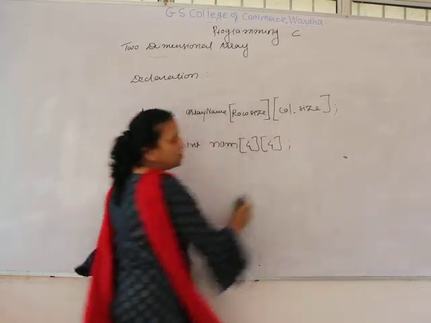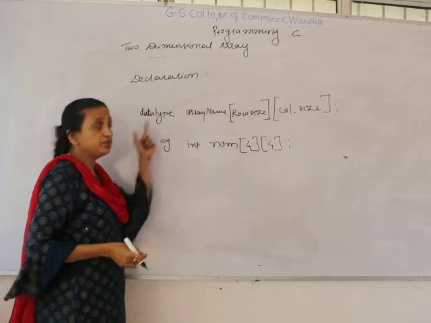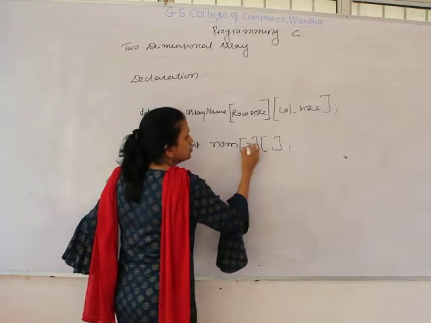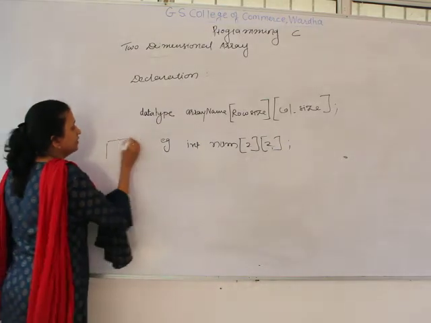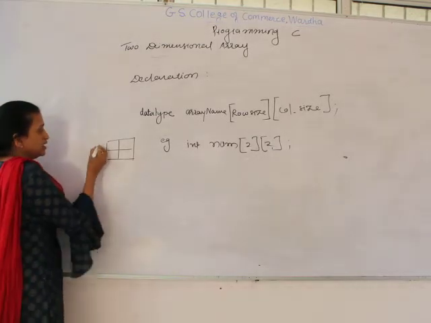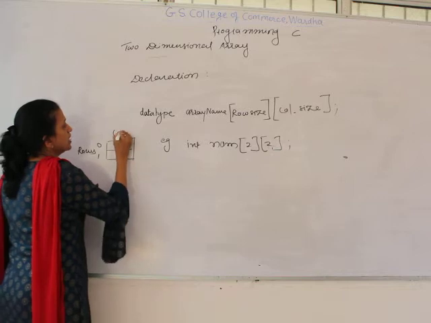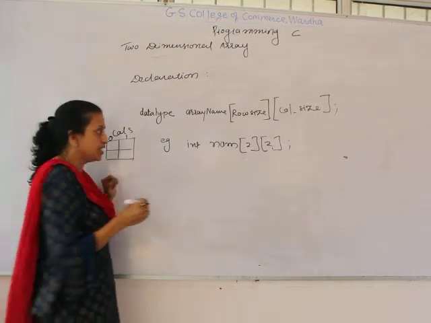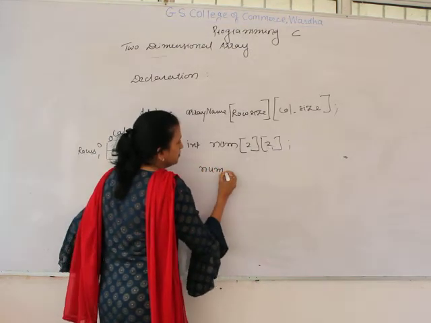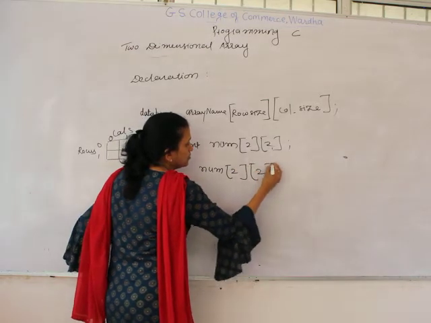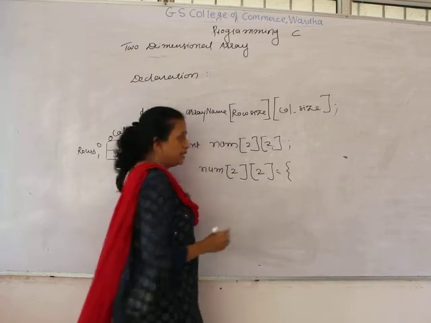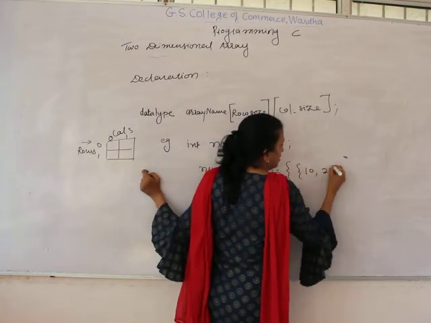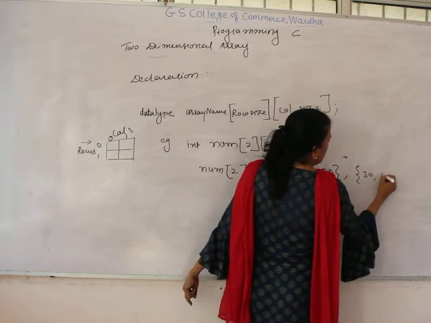Now, how can you initialize values to the array? The first curly bracket is for the first row, that is 10, 20, and the second, 30, 40, is for the second row.